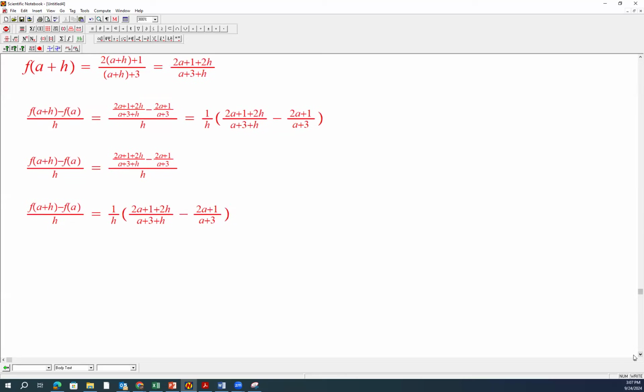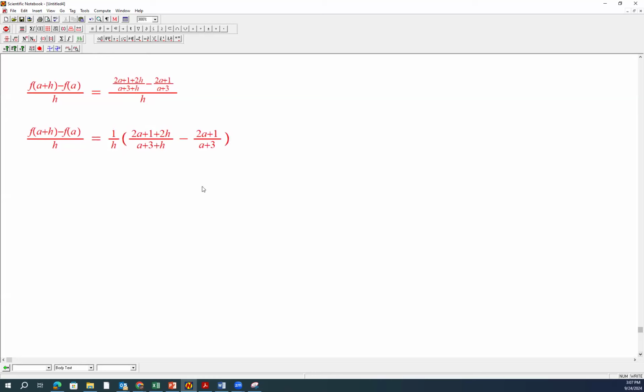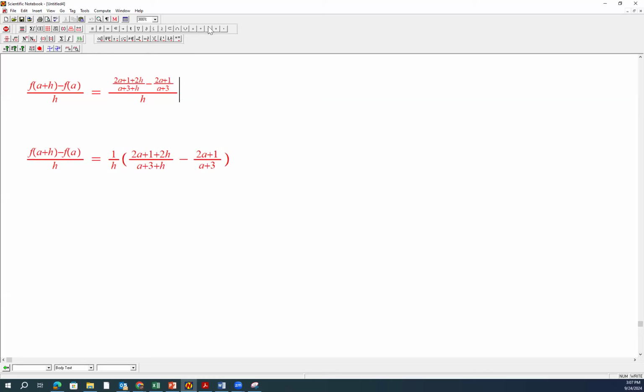So we're going to do a comparative study. In the complex fraction case, you're going to multiply. The common denominator is a plus 3 plus h, multiplied by a plus 3.